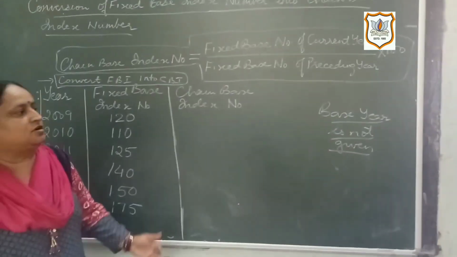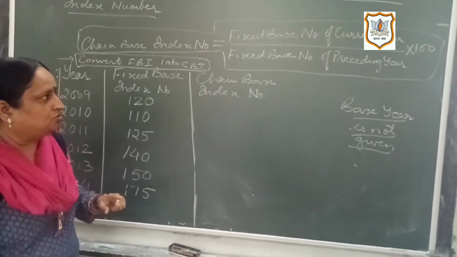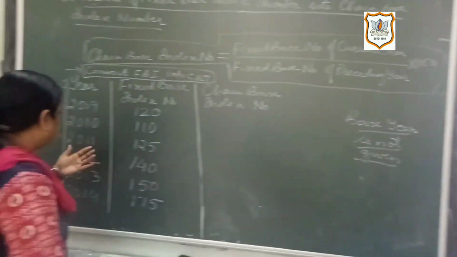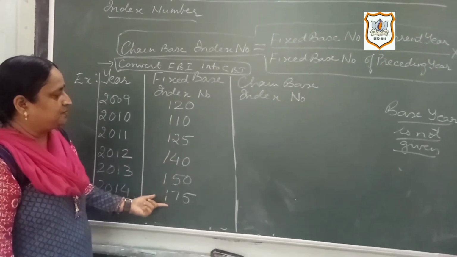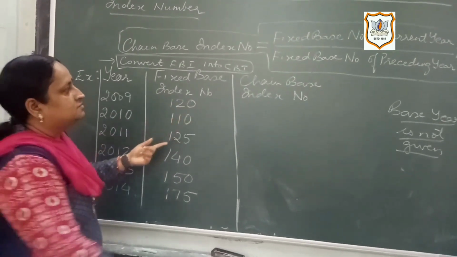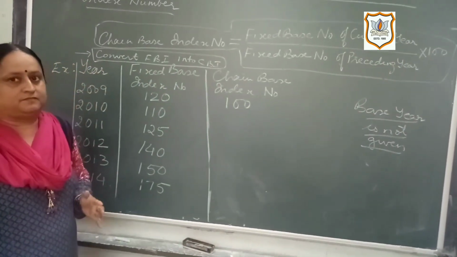Now when base year is not given, the first conversion which we are going to do, that value we will keep it as 100. Now see this example, these are the years and these are the fixed base index numbers. So here base year is not given, so the first chain base index number we will keep it as 100.